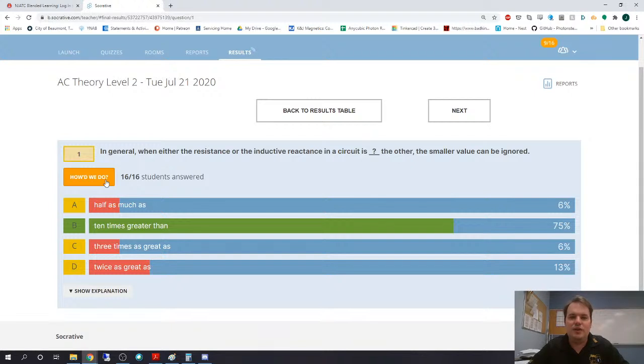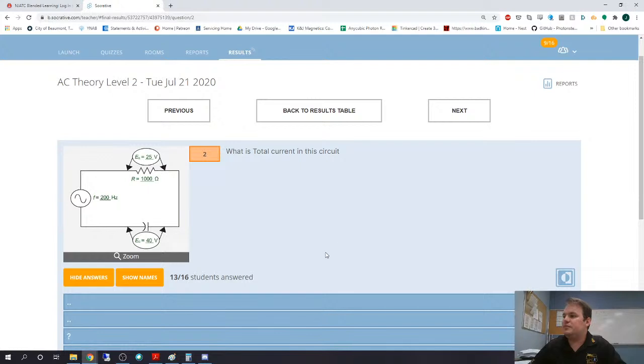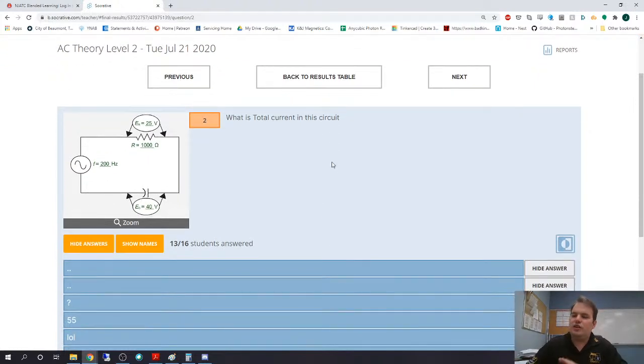But if one of them is incredibly greater than the others, then you can ignore the others. Like if it's 10 times greater, the smaller one is so small that it's not really making a change in the circuit. Okay. What is total current in this circuit? This one's real easy.